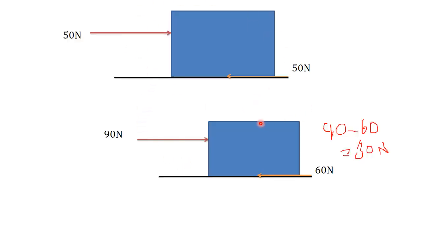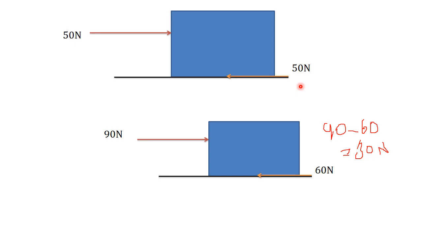We can learn more about that using these two figures. In the first figure, look at that. If a person exerts 50 Newton force on a block of wood, it gives an opposing force in the opposite direction, the frictional force, we know. That frictional force is also 50 Newton.